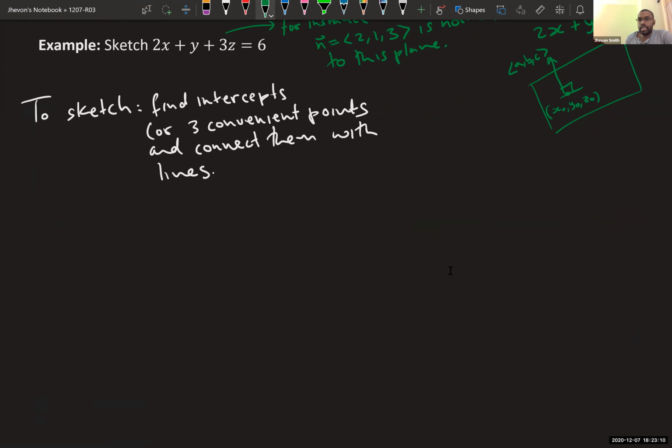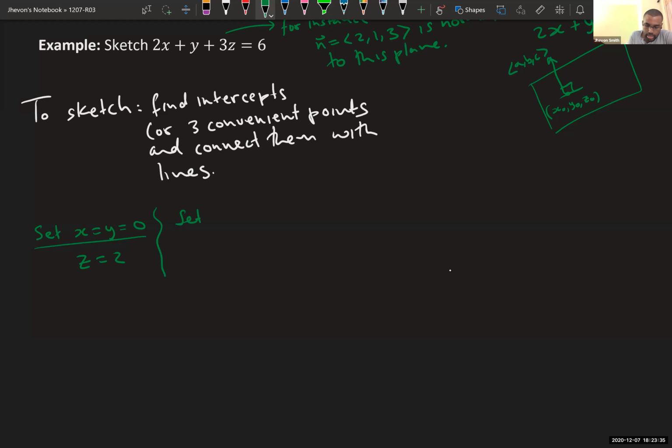remember on the x-axis, both your y and z are 0. On the y-axis, both your x and z are 0. On the z-axis, both your x and y are 0. So to find intercepts, what that amounts to is plugging in 2 variables equal to 0 at a time. So I could set x and y equal to 0. Immediately, you'll see that z equals 2.